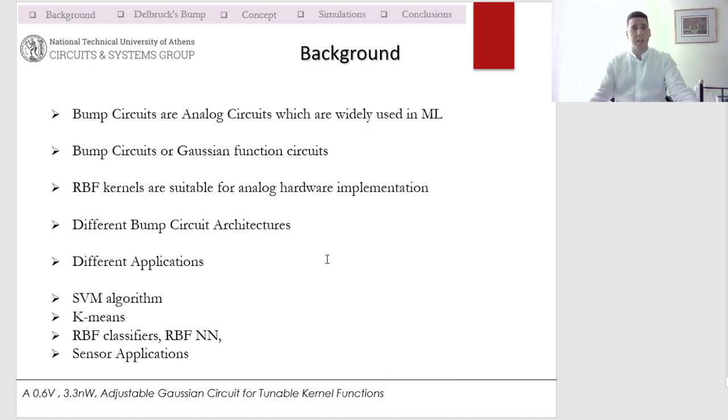There are different applications in which a Gaussian function circuit can be used as a basic building block. For example, support vector machine, K-means, RBF classifiers, RBF neural networks, and of course in many sensor applications.